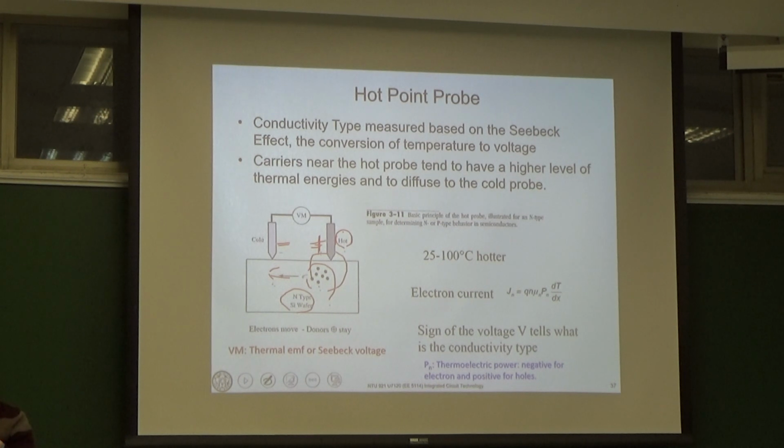So using this hot probe can help us identify your conducting carriers, either electrons or holes. For example, if this is P-type, then you have a lot of holes at your hot probe. Once these holes move to the cold probe, and you use the voltage meter to measure the potential difference, the cold probe will give you a higher potential than the hot one.